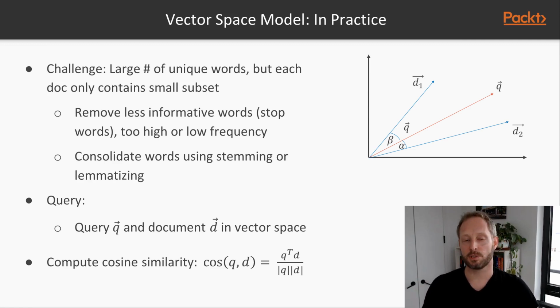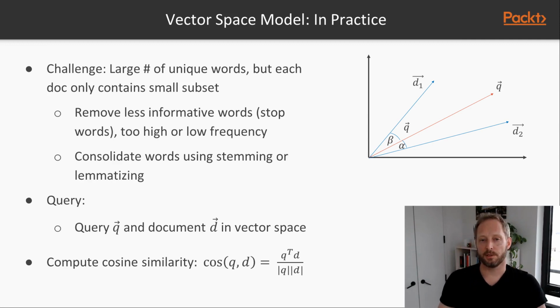And then we can use a measure of distance or similarity to figure out what is the document that is closest to this, which in a vector sense means which points in a similar direction. And for this, we could evaluate the angle between the documents, which is typically done using the cosine of this angle, because that can be computed using the dot product between the documents.